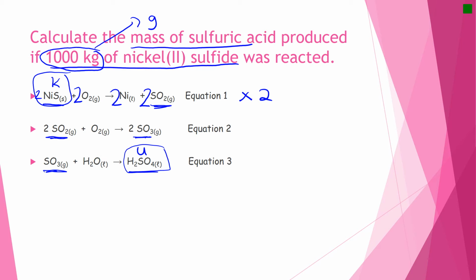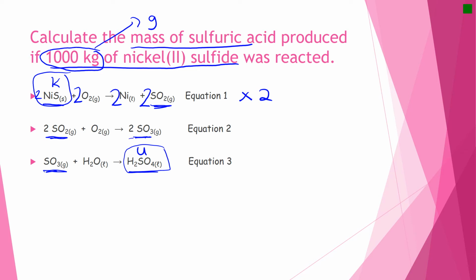It's just not at the lowest ratio. But now, however, I've got all of these sulfur dioxides here have the same coefficients as the sulfur dioxide here. So at this point in time, I can now relate this directly to this. So I need to be able to now make these ones' coefficients the same.